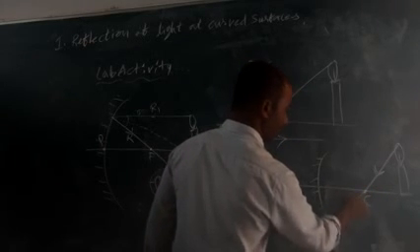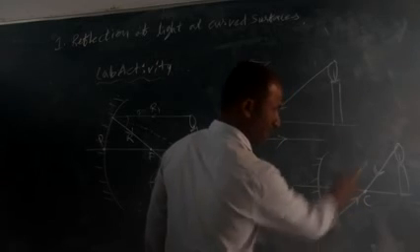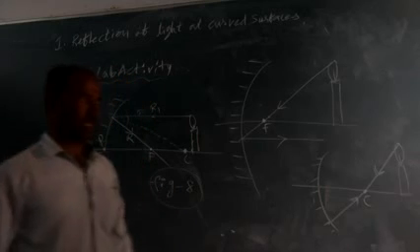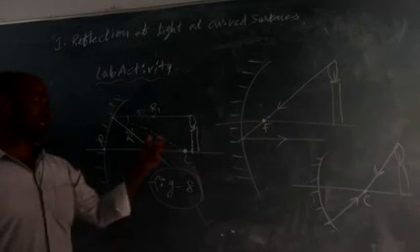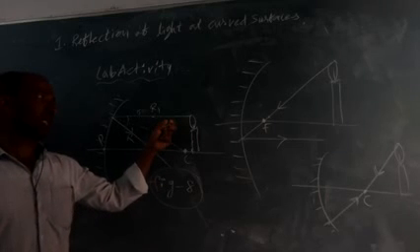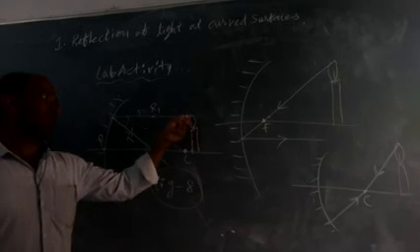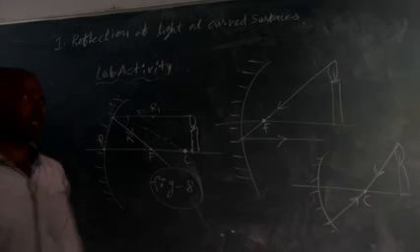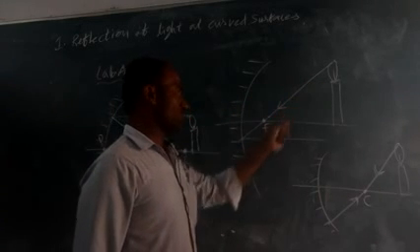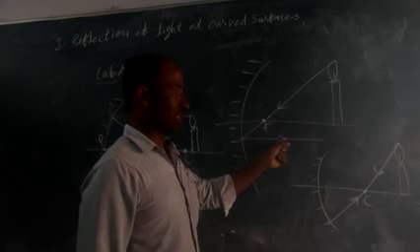After reflection, it follows the same path but opposite in direction. These are the three rules of how the light ray behaves. First rule: a ray parallel to the principal axis passes through the focus. Second: when the incident ray passes through the focus, it will be parallel to the principal axis.